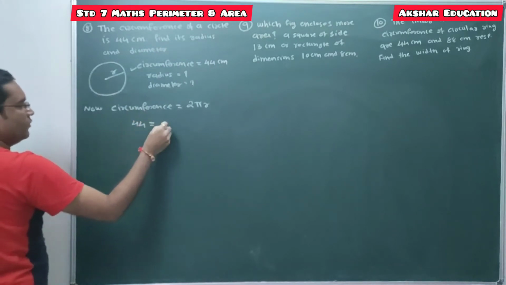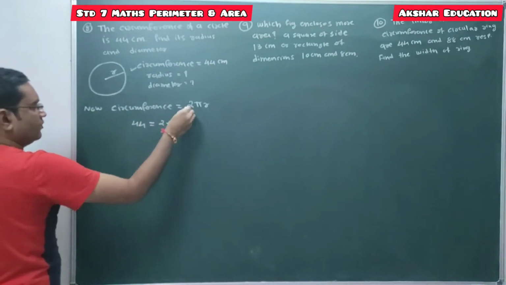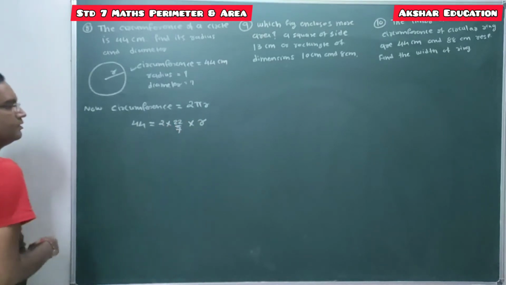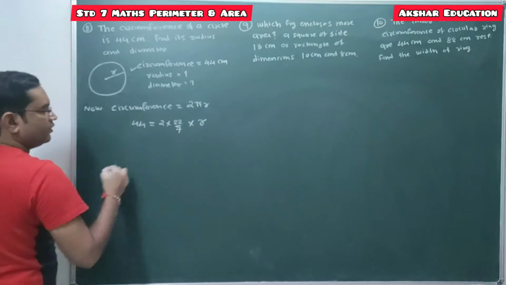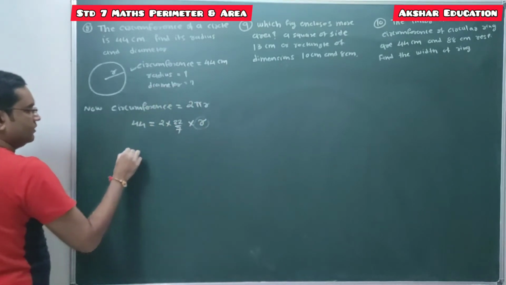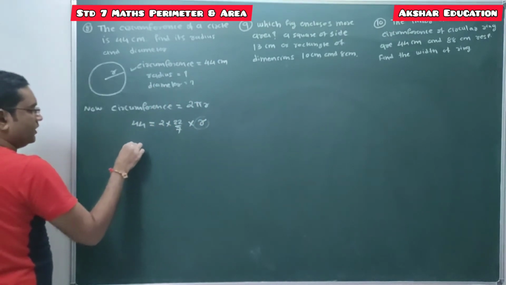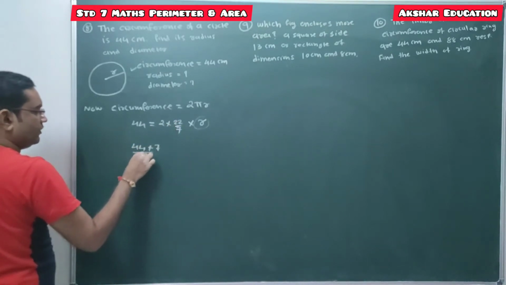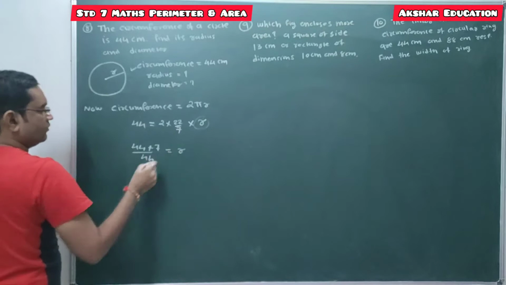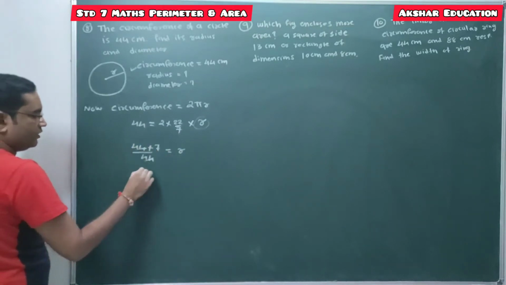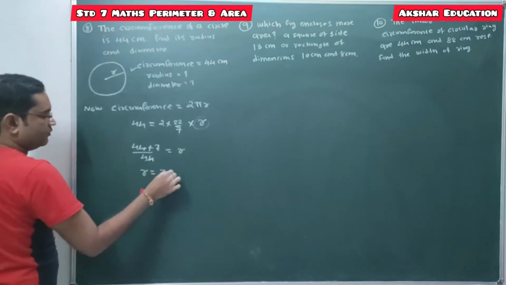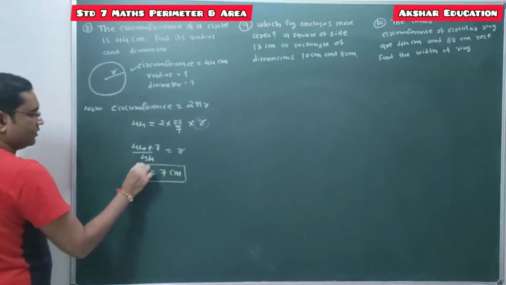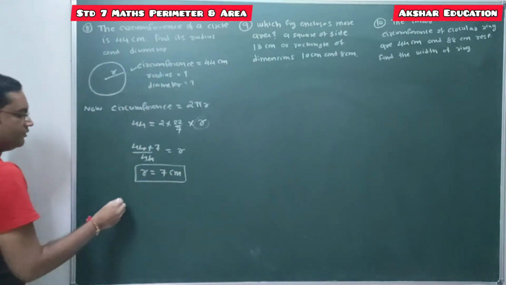So 44 equal to 2 into pi, 22 by 7, into radius r. Solve this equation, we get the value of this radius r. So this 7 will come into multiplication, this 22 2s are 44 will go into division, equal to r. 44 cut. So our value r equal to 7 centimeter. So this is your first answer. Radius r equal to 7 centimeter.